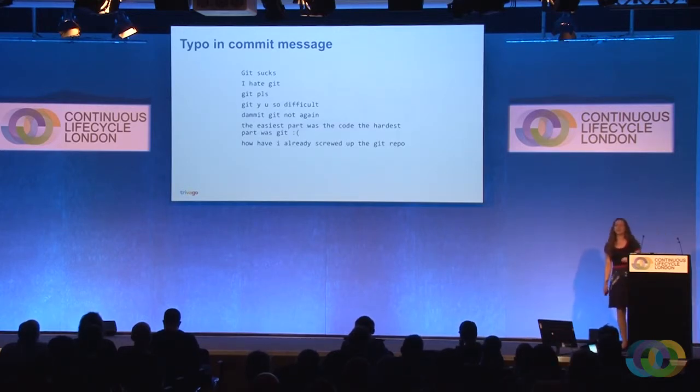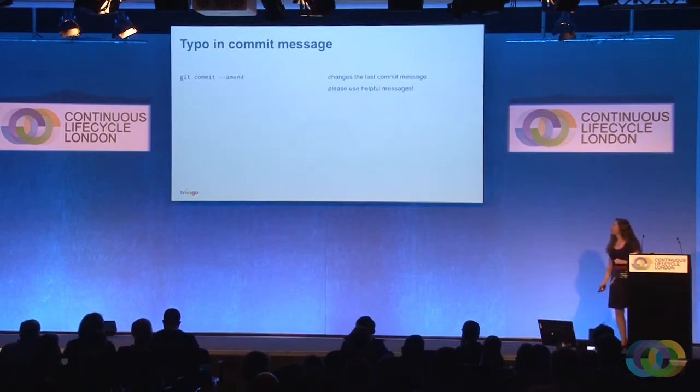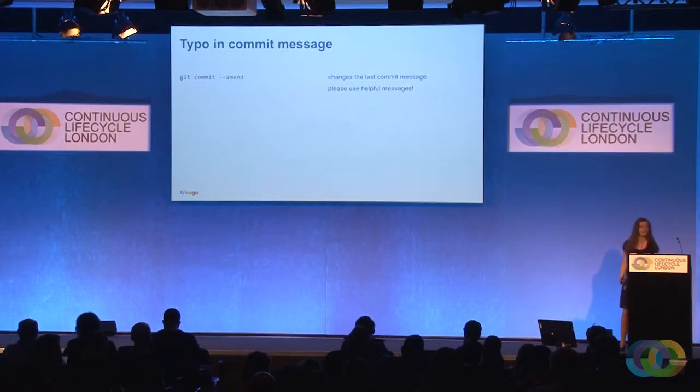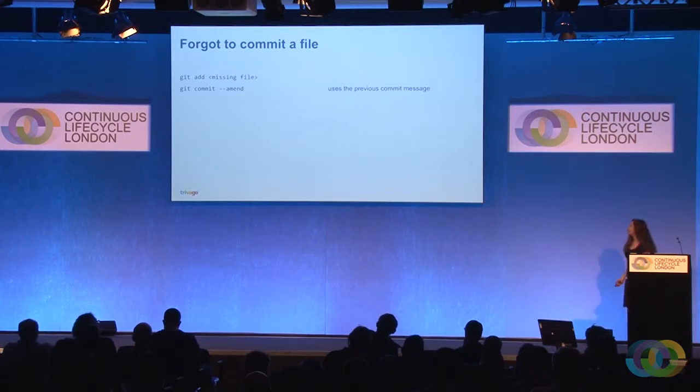So if you want to change that afterwards because you had a bit of a fight with Git, you can amend your commit message and change that to a real proper describing message about what you did and why you did it. Same for forgetting to commit a file. You can add it and amend the last commit.